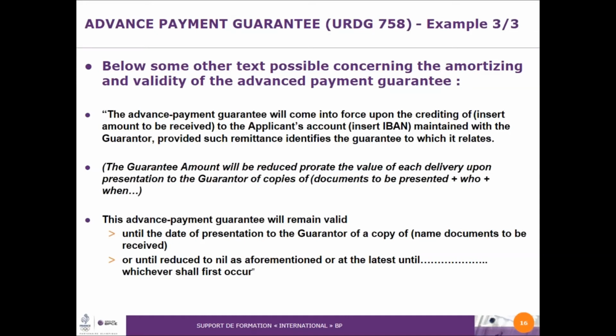Or the advance payment guarantee will remain valid until the date of presentation to the guarantor of copies of the named documents, or until reduced to nil as aforementioned, or at the latest until a given date, whichever shall first occur. So this phrase at the end is for when the guarantee is reduced depending on some conditions. And so the validity stipulates that the guarantee ends when the amount is reduced to nil.